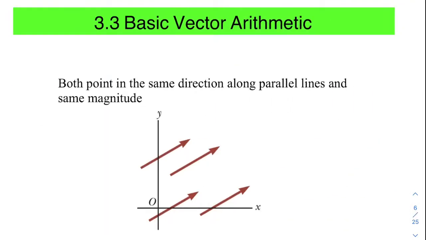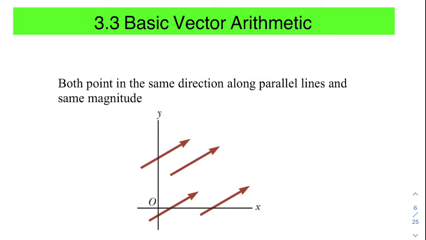So basic arithmetic in vector: all of these arrows, or vectors, point in the same direction along parallel lines and have the same magnitude. It means that they are the same in magnitude and direction. Direction can be observed by the tip of the arrow, and the magnitude by the length of the arrow.